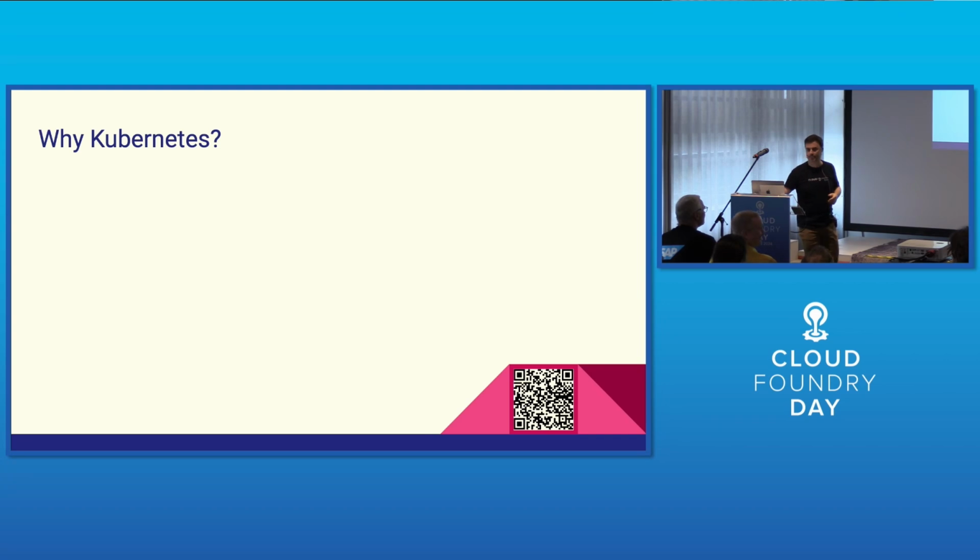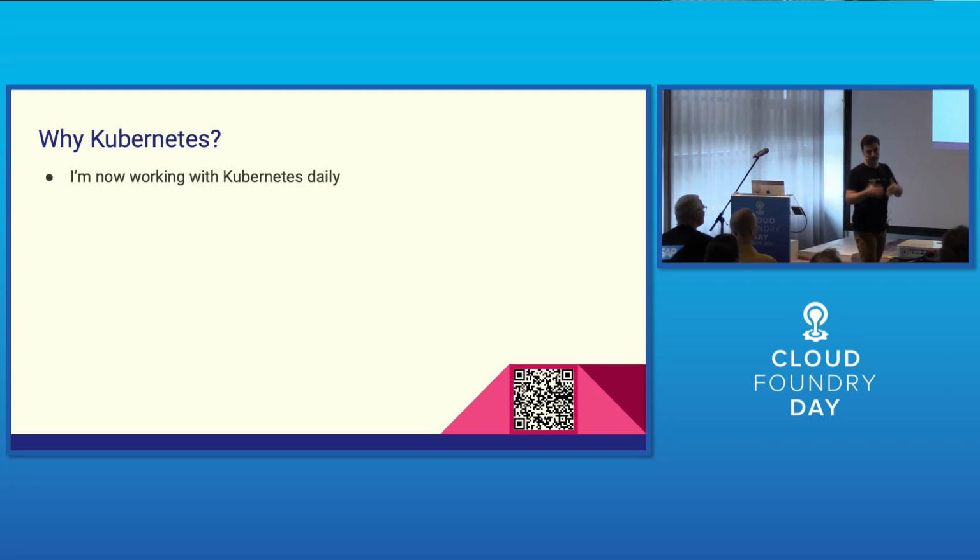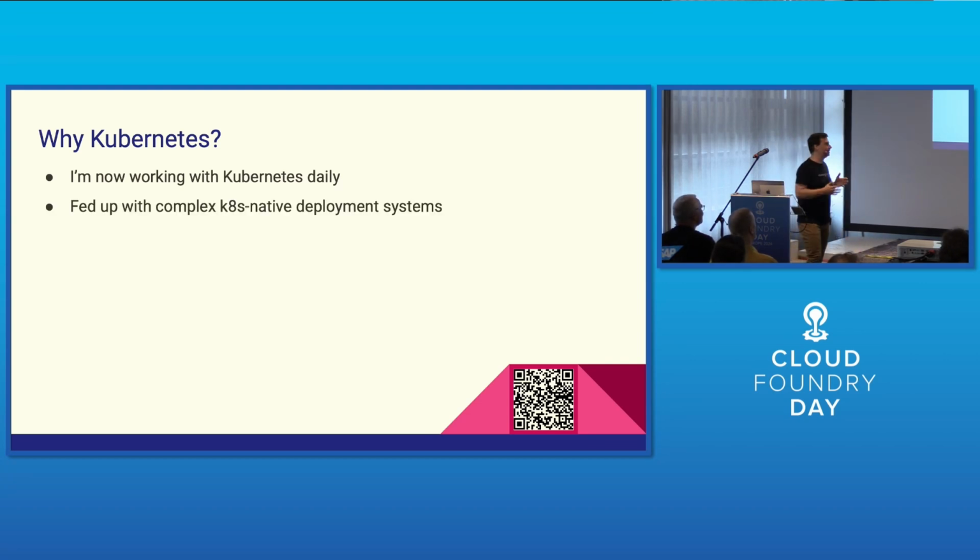And why Kubernetes? I'm now working in a Kubernetes company doing Kubernetes all over the place. Everything Kubernetes nowadays. But I have to confess, I'm a bit fed up with complex Kubernetes-native deployment systems. I know Kubernetes in the first place, I've been teaching Kubernetes.